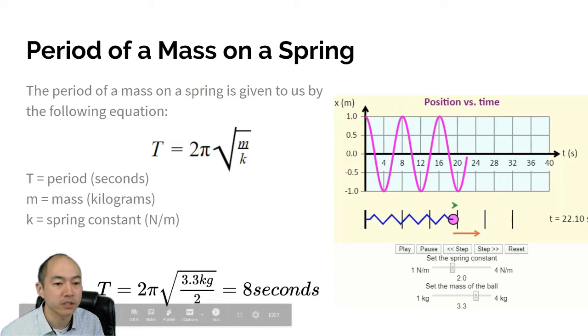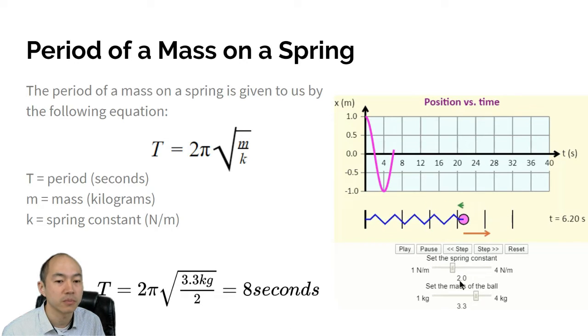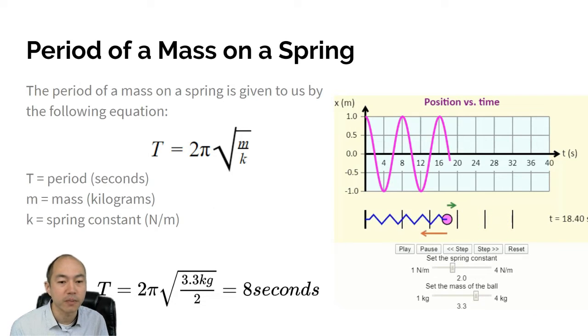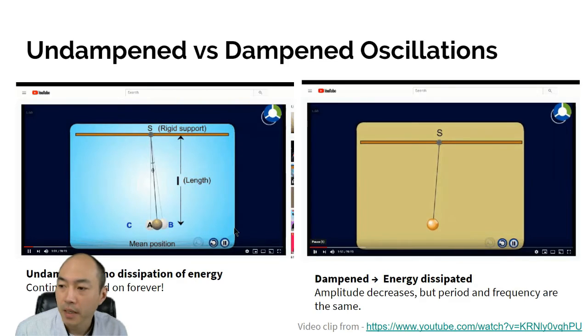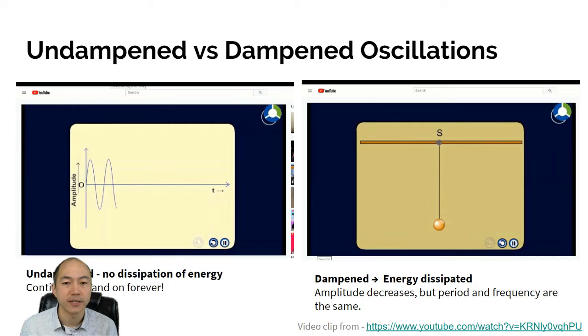On this simulation we can see the mass is 3.3 kilograms, the spring constant is 2 newtons per meter, and when we take 3 kilograms divided by 2, take the square root of that, multiply by 2 pi, you get 8 seconds. So we'll do some equations and problems like that in the homework that I assign here.